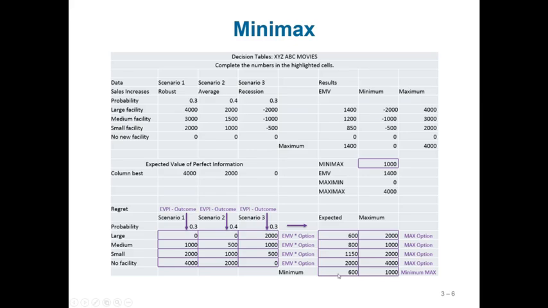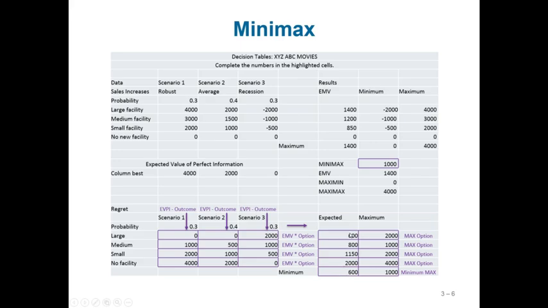Now, we don't put the minimum EMV in there. We do the maximum EMV. But it's worth looking at so that you see what your value is, because it says here that given the expected values that are coming through, we would expect that this is your best option.